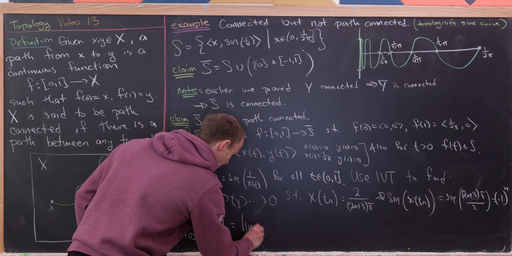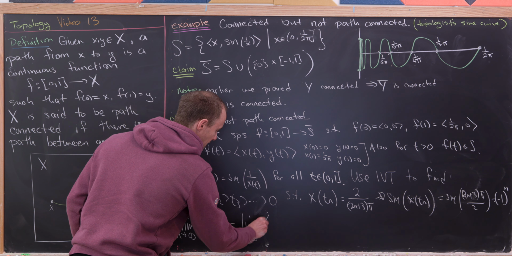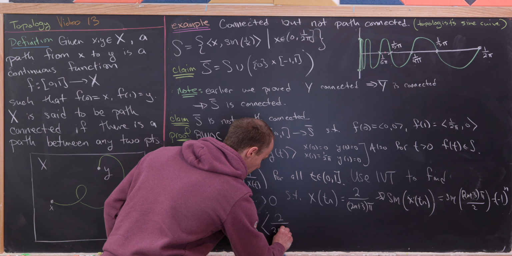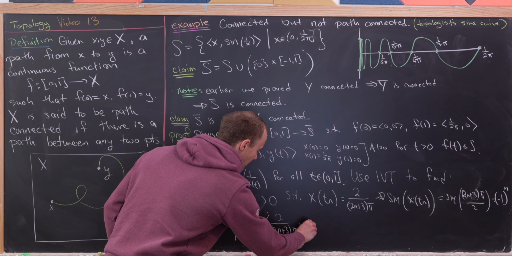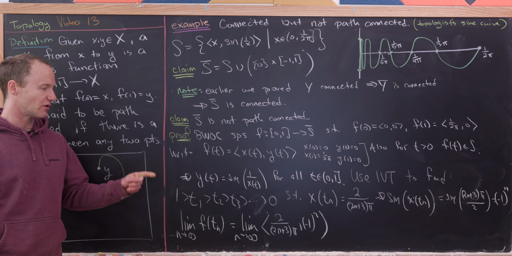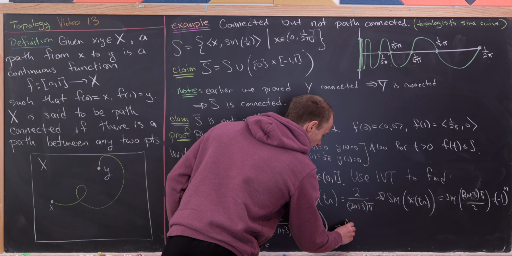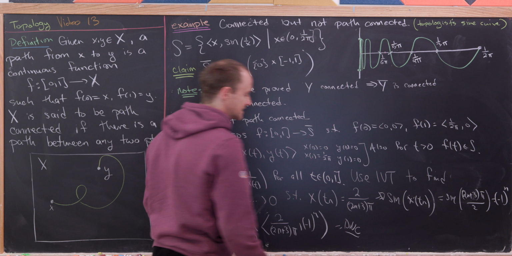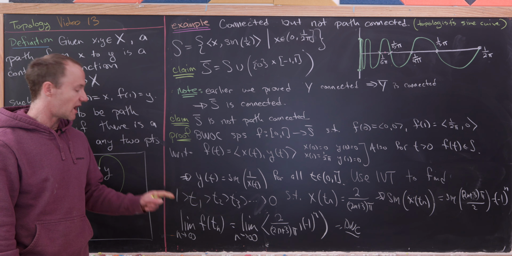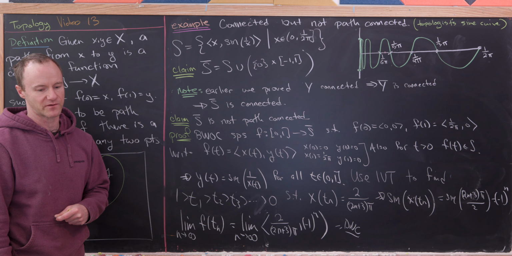And that's because this is, in fact, the limit as n goes to infinity of (x of t sub n, y of t sub n), but that's going to be 2 over (2n plus 3) times pi, and then minus 1 to the n. Of course, that first coordinate does converge to 0, but the second coordinate does not converge to 0. So that means that this whole thing does not converge. I'll just put DNC there for does not converge. But that contradicts the continuity of our function f. But that contradicts our ability to get this path in the first place.